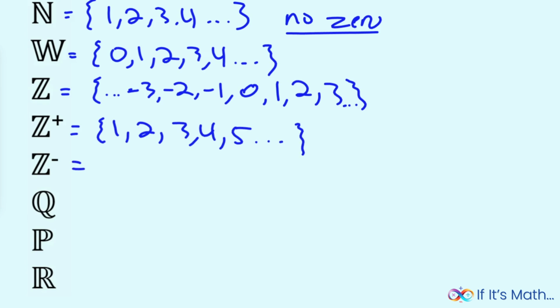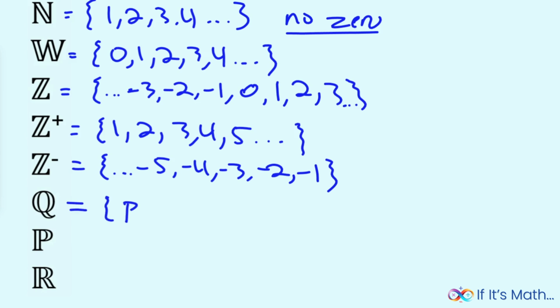Our negative integers, starting forever, -5, -4, -3, -2, -1. Remember our rational numbers. So this is P divided by Q, where P and Q are elements of Z, and Q does not equal 0.